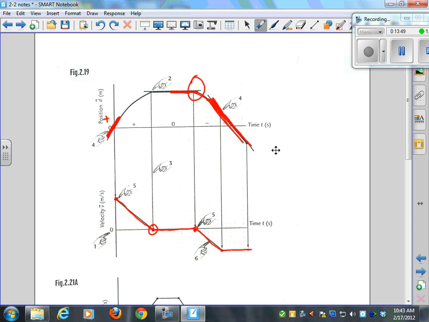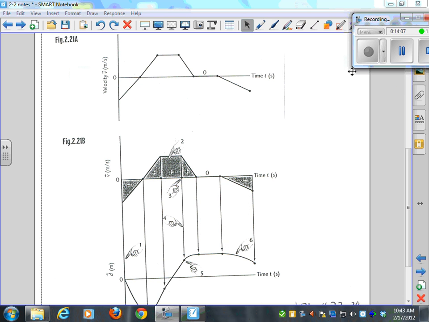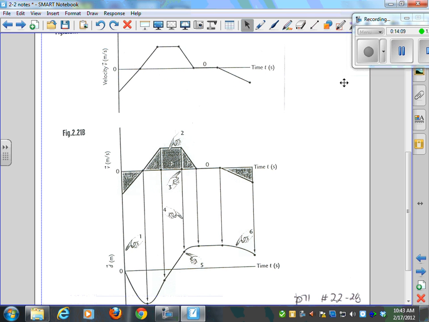However, flip the page. Here's where things start to get your brain working. Okay? So on page 50 now. Page 50 talks about the opposite thing. Now we're going from velocity time to displacement time.